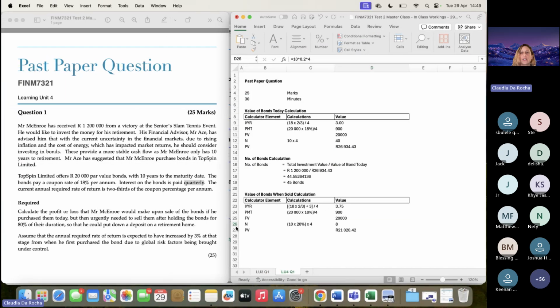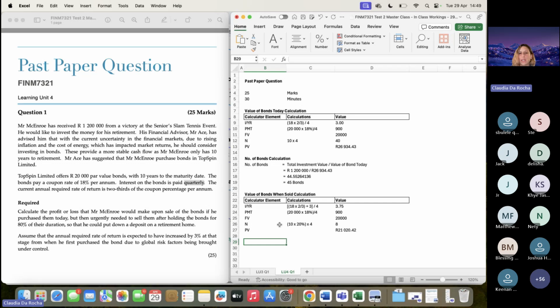All right, so now let's calculate the last part of this question, because the question was, is there a profit or loss? So we're going to calculate the profit or loss.